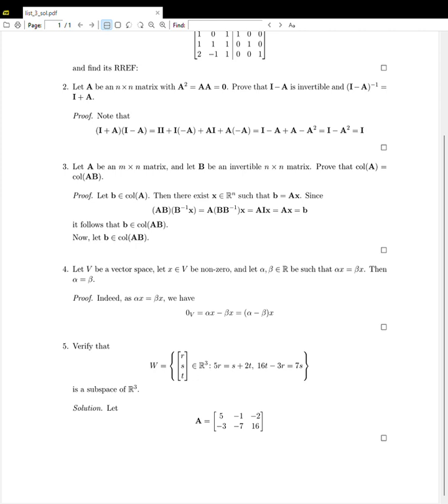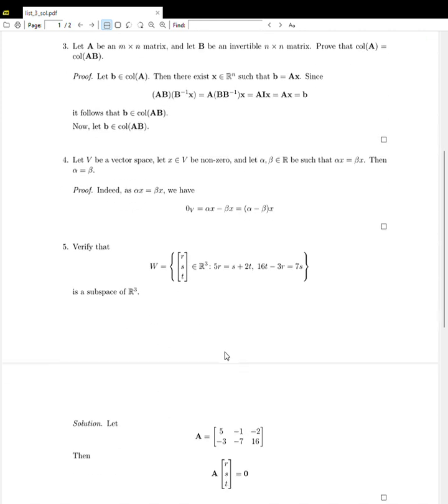Then note that this matrix A times our vector r, s, t.